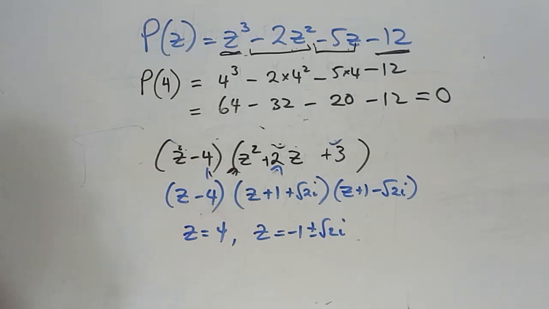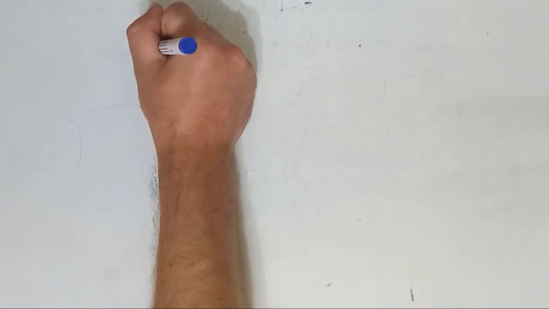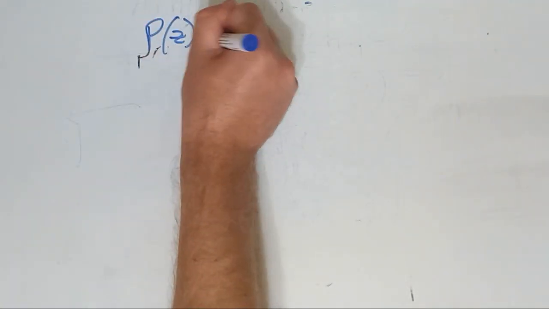Fantastic. Let's keep going. Let's do another one. Okay, what if we also had, alright, we can find another p of z, another polynomial.